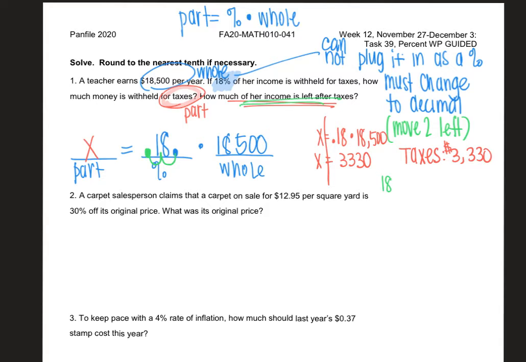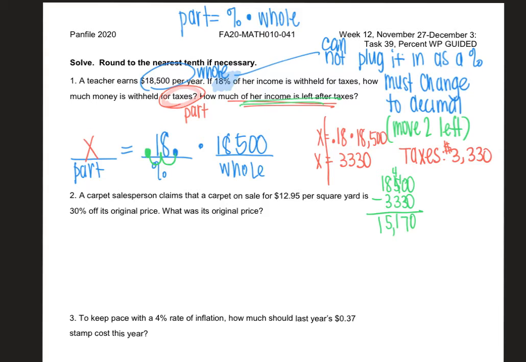Okay, and if we want to know how much of her income is left, then we're going to take her full amount, 18,500. We're going to subtract the 3,330. And we can do this by hand or with our calculator. We might want to check with our calculator for accuracy. And we get 15,170.